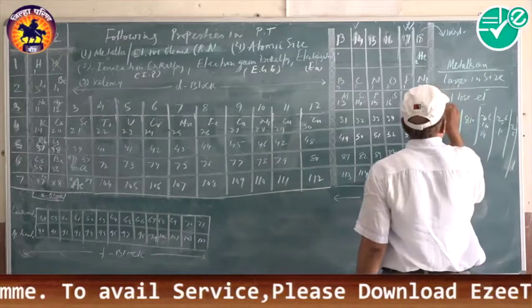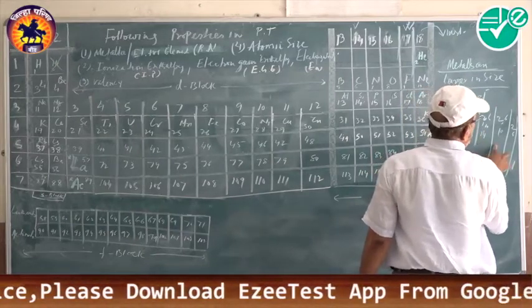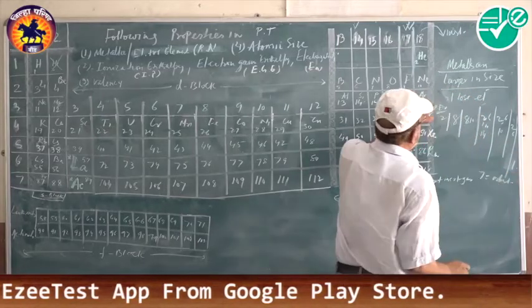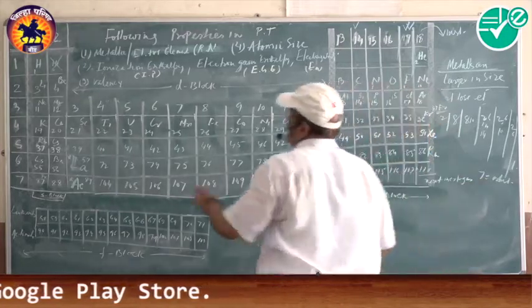In case of francium, there are 7 orbits.